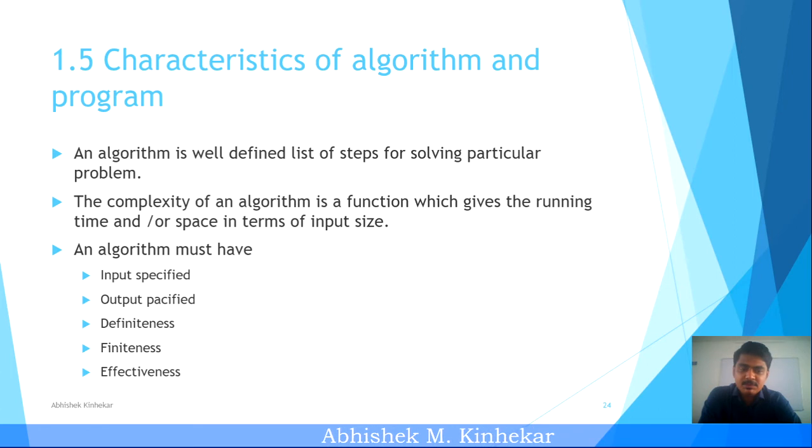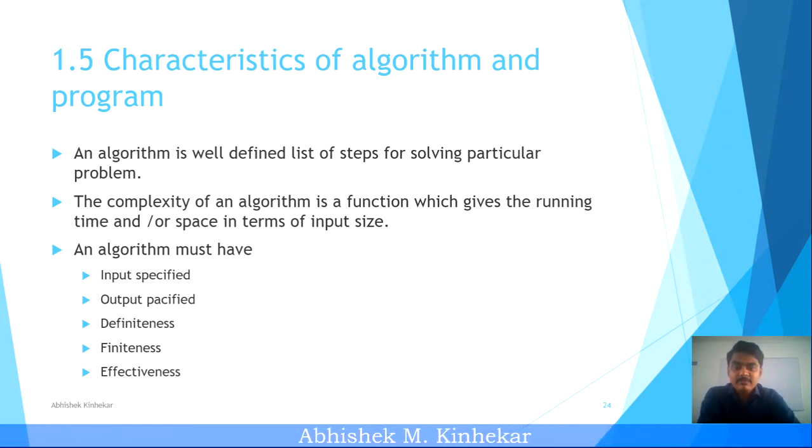Now the basic question is how the effectiveness of a program is calculated. We will take this question up in our next topic. The effectiveness of an algorithm is majorly based on two things. First is the time required for its execution, and second, the memory space it takes for its execution. The effectiveness is measured in terms of the algorithm's complexity.